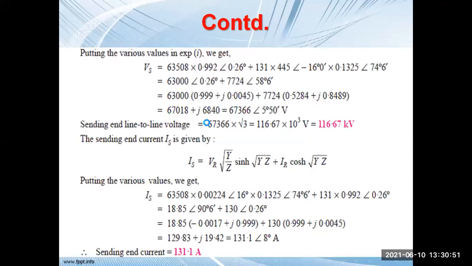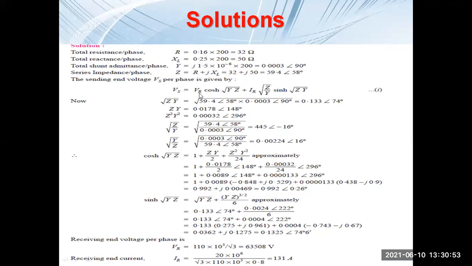So the VS value, all these values we have calculated. VR is this one, cos hyperbolic square root of yz we have calculated. IR is known to you, that is 131, square root of z by y, that also we have calculated.